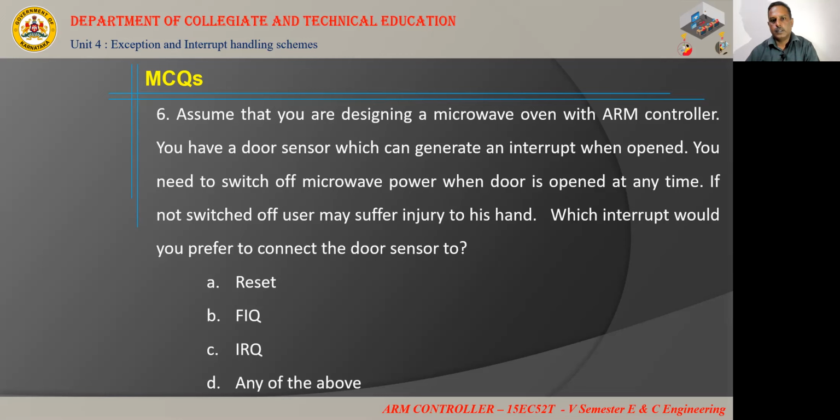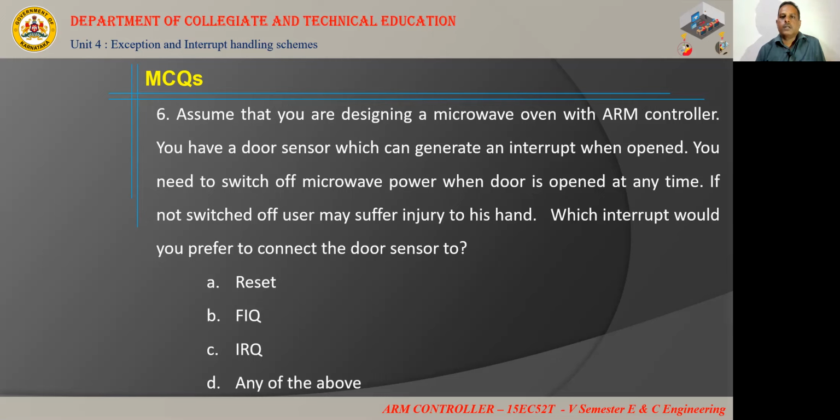See, since this is a very important interrupt source and it has to take a very important decision, it should be connected to the high priority interrupt request, that is the FIQ interrupt. If it is not handled in time and with minimum latency, there is a risk of the user experiencing serious injury to his hand. So when you are designing a microwave oven, utmost importance should be given to this request.